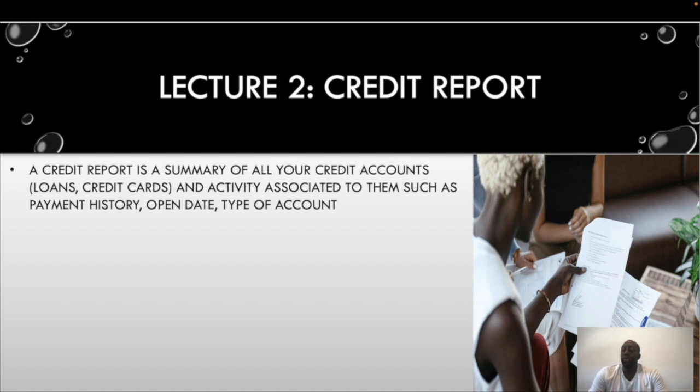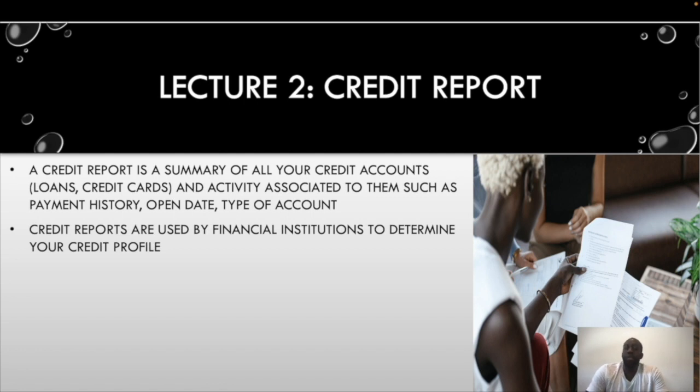And then these institutions put a summary of all those things into a credit report. And so if you live in America, and you have a social security number, most likely there's a credit report out there that has a summary of your financial history recorded.